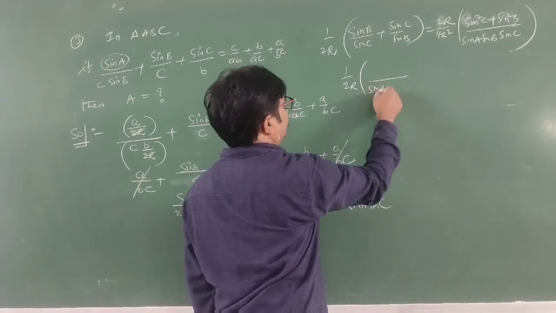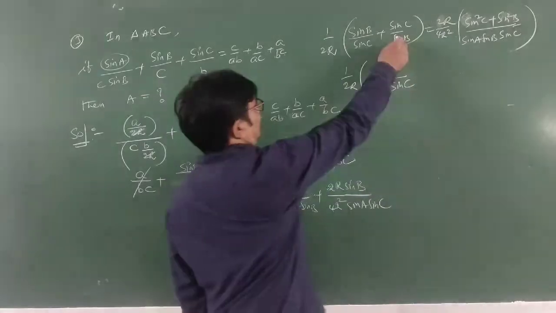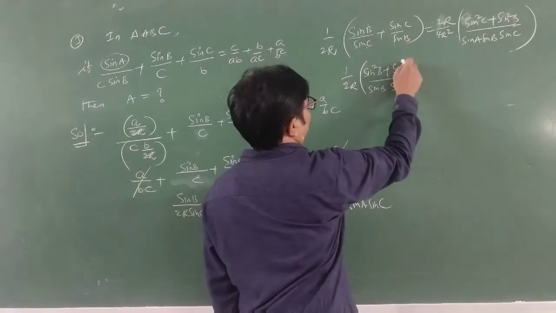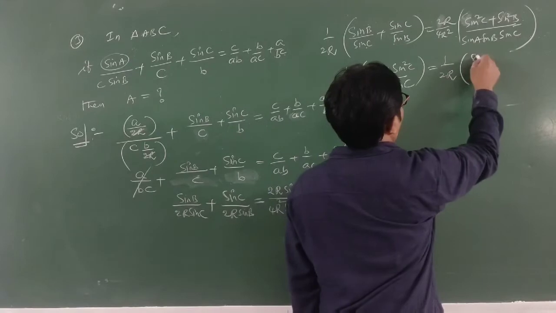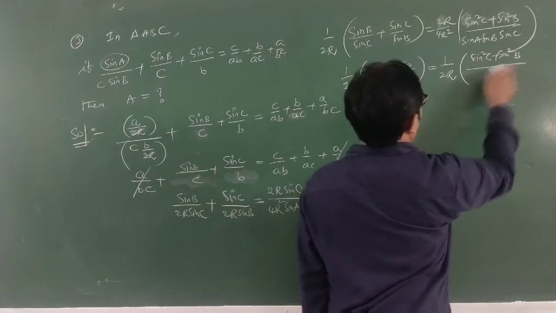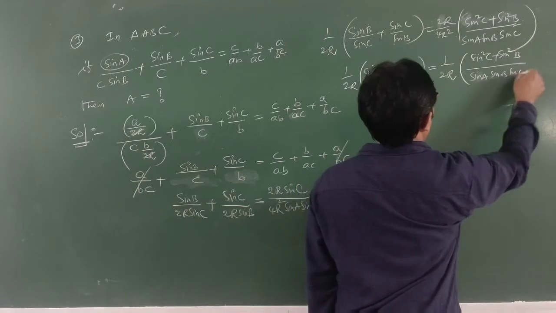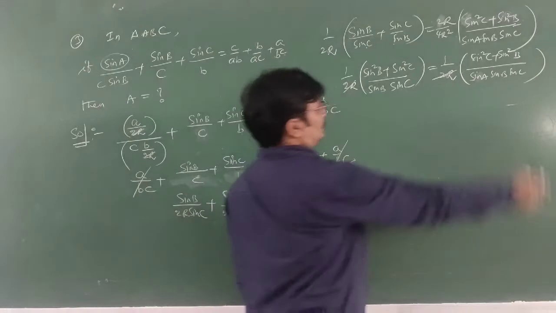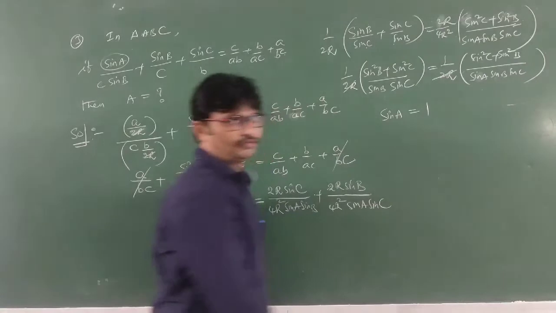Again here we are taking the LCM, sin B into sin C. This is 1 by 2R, sin square C plus sin square B upon sin A into sin B into sin C. Dear students, these two are cancelled. Sin B, sin C are cancelled. This is sin A equal to 1.